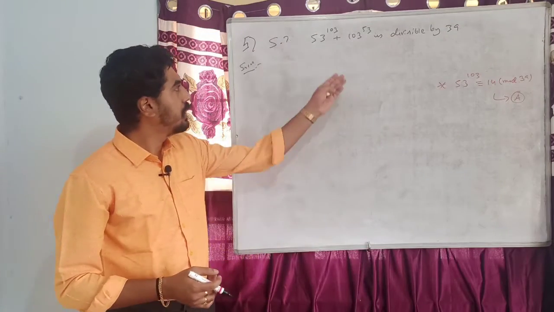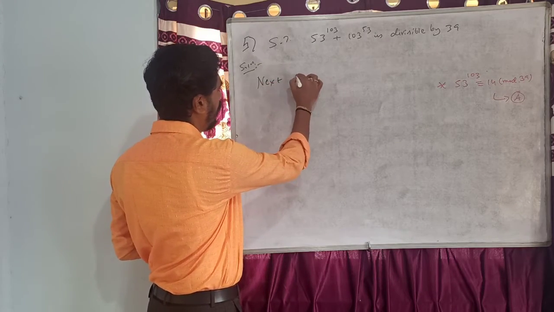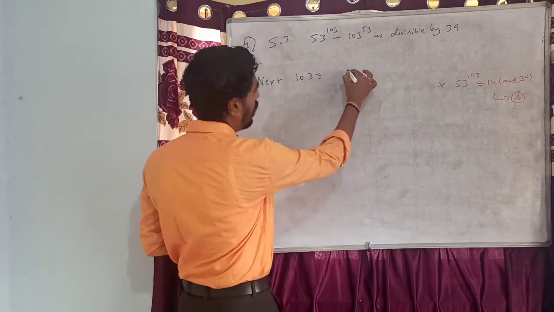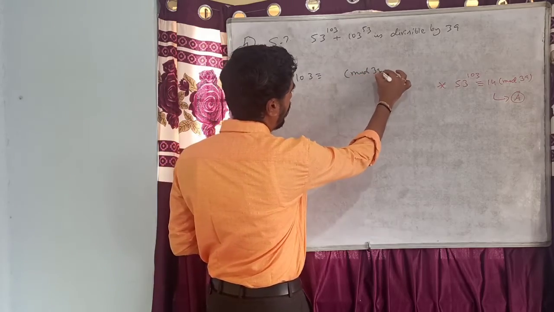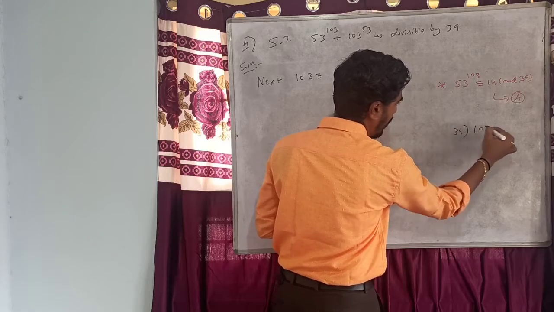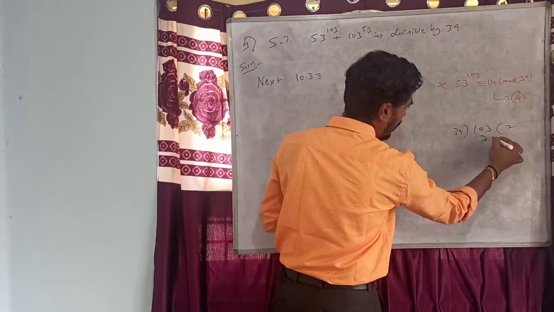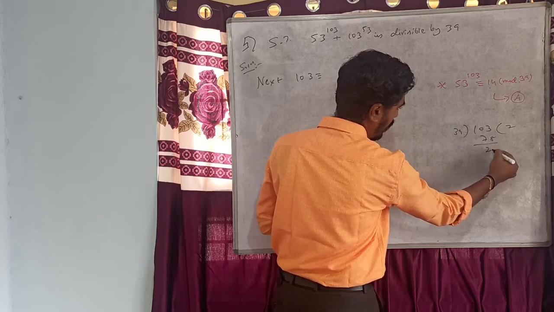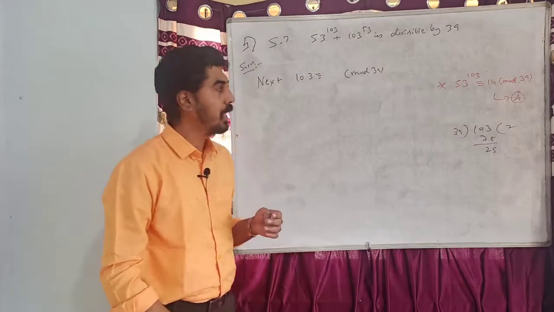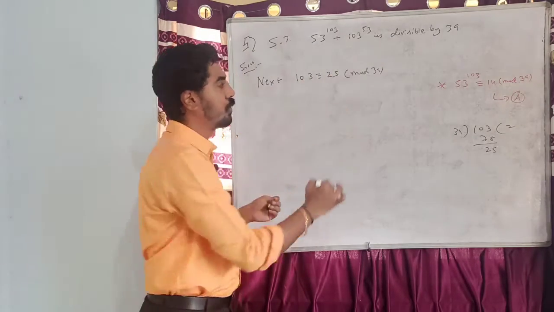So next consider 103. 103 is congruent to, when I find the remainder when 103 is divided by 39, I get 39 into 2 is 78, so the remainder is 25. Okay. So 103 is congruent to 25 modulo 39.